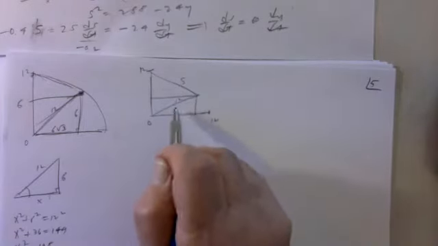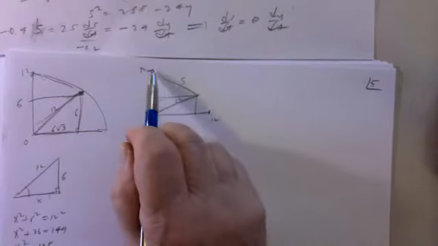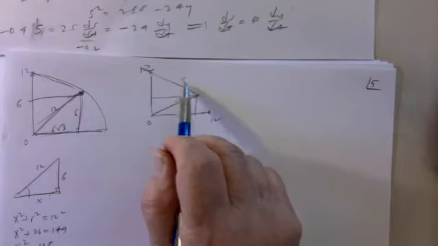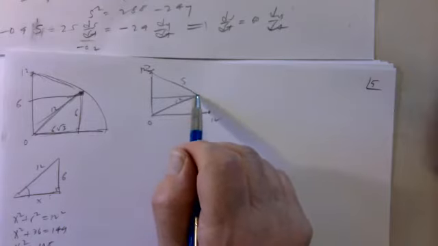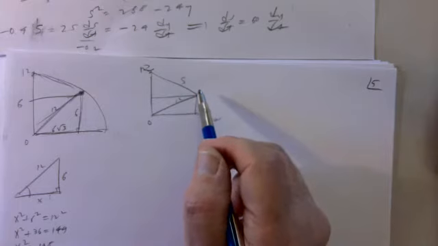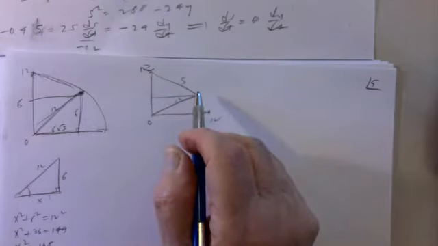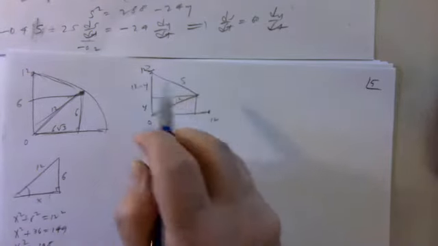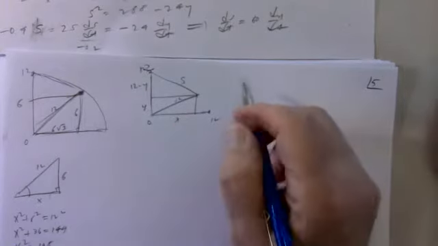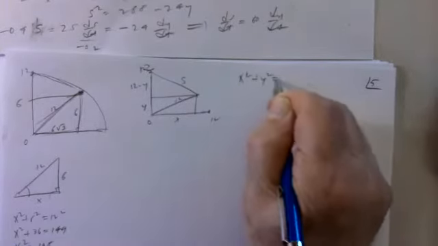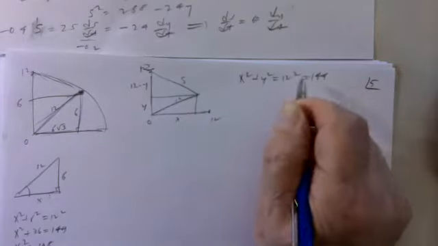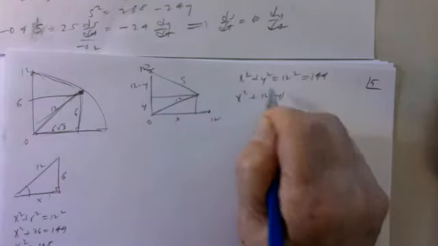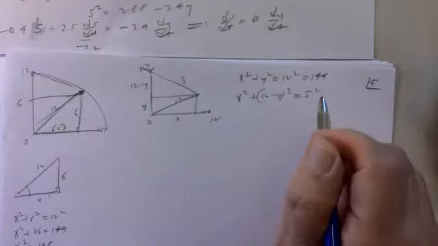So at any given point, when this is the ladder and the length of the rope, the winch from the top of the building to the tip of the ladder or the pipe is S, what are the units? S meters. This is S, this is Y, this is 12 minus Y, this is X. We have the relations x squared plus y squared equals 12 squared, or 144. And x squared plus (12 minus y) squared is equal to s squared.